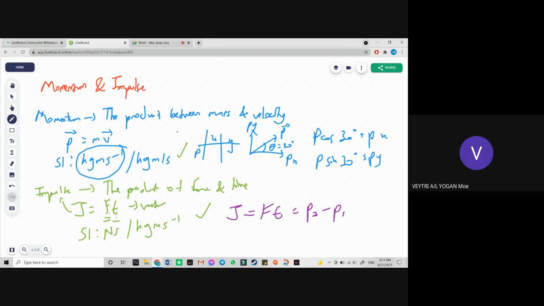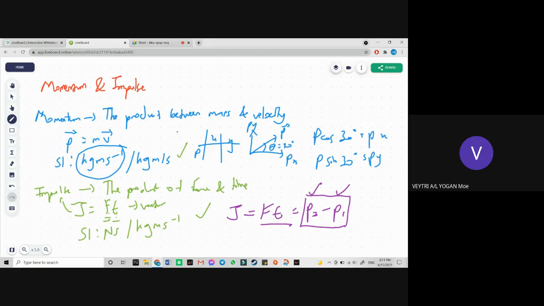So basically, the change of the body's momentum. Impulse is equal to Ft. Impulse is also equal to change in momentum, final momentum minus initial momentum. Impulse does not equal momentum. Impulse is equal to the change in a body's momentum, which literally means final momentum minus initial momentum. That's all you gotta know.